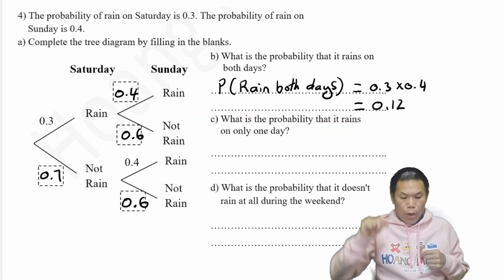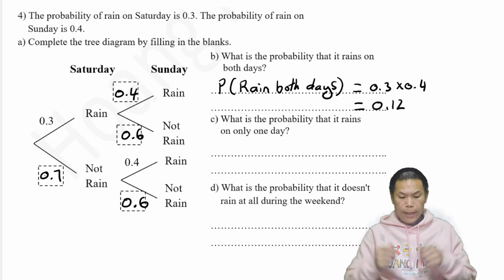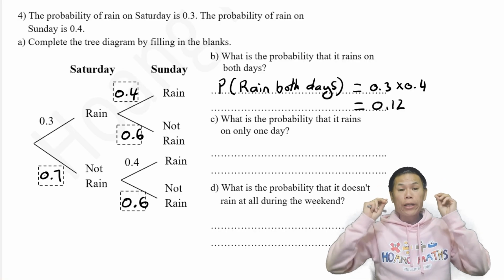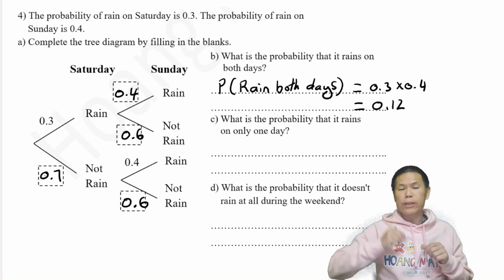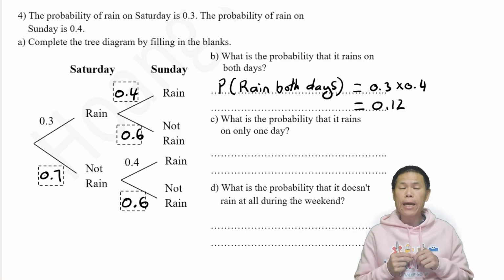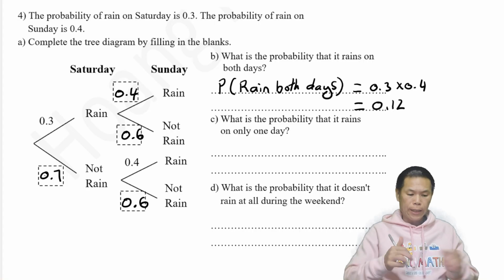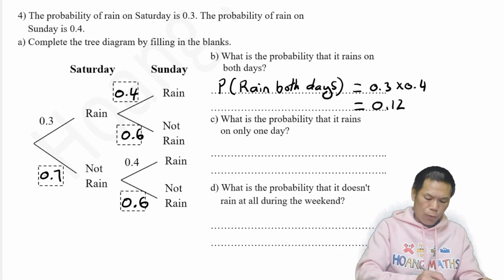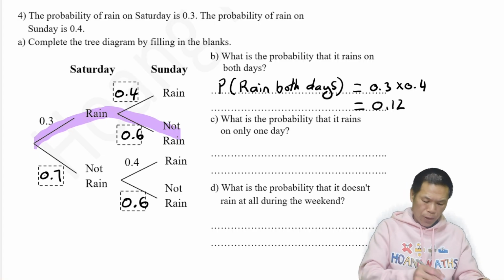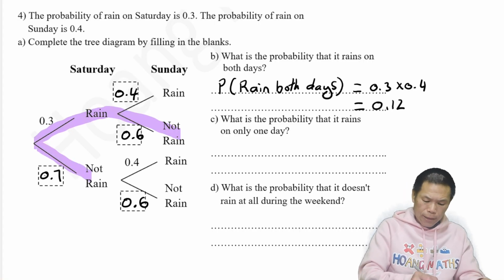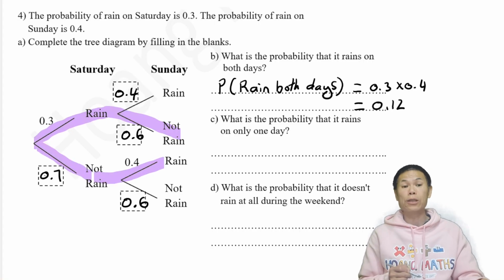Part C. What is the probability that it rains only one day? So that means rain on Sunday but not rain on Saturday, or rain on Saturday but not rain on Sunday. So that means rain on Saturday, not rain on Sunday. Not rain on Saturday, but rain on Sunday. So this branch.